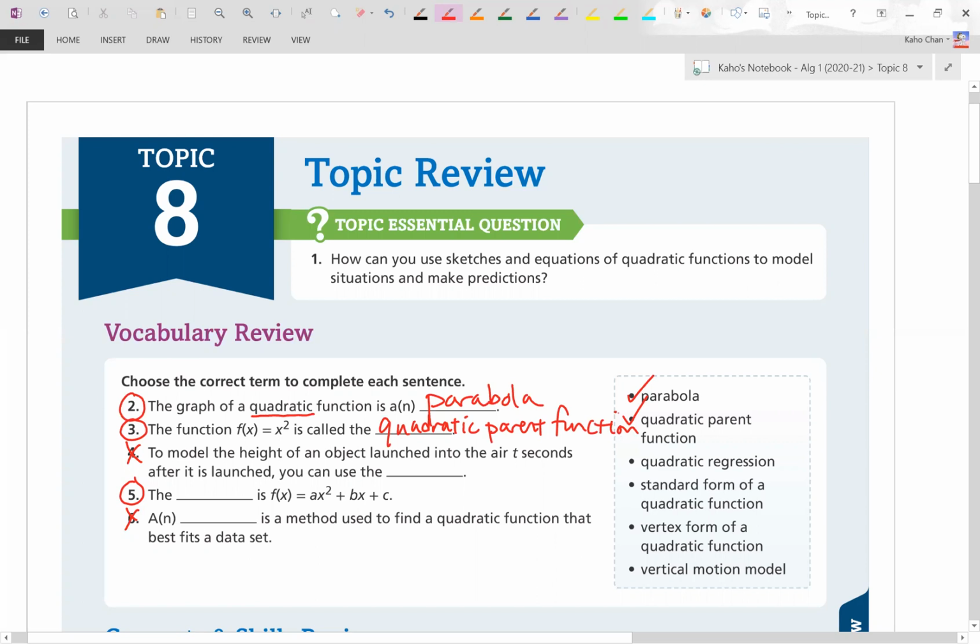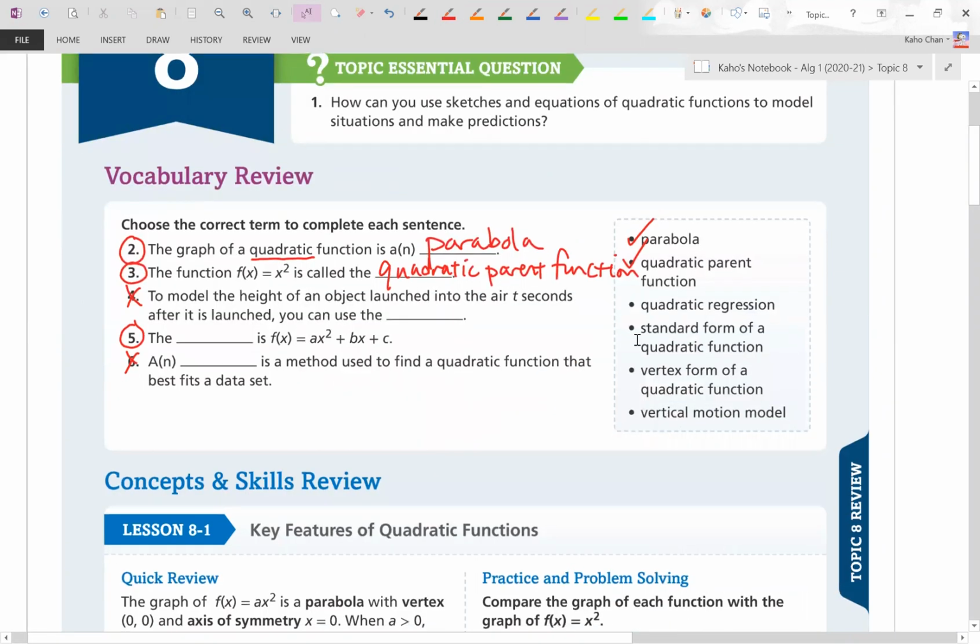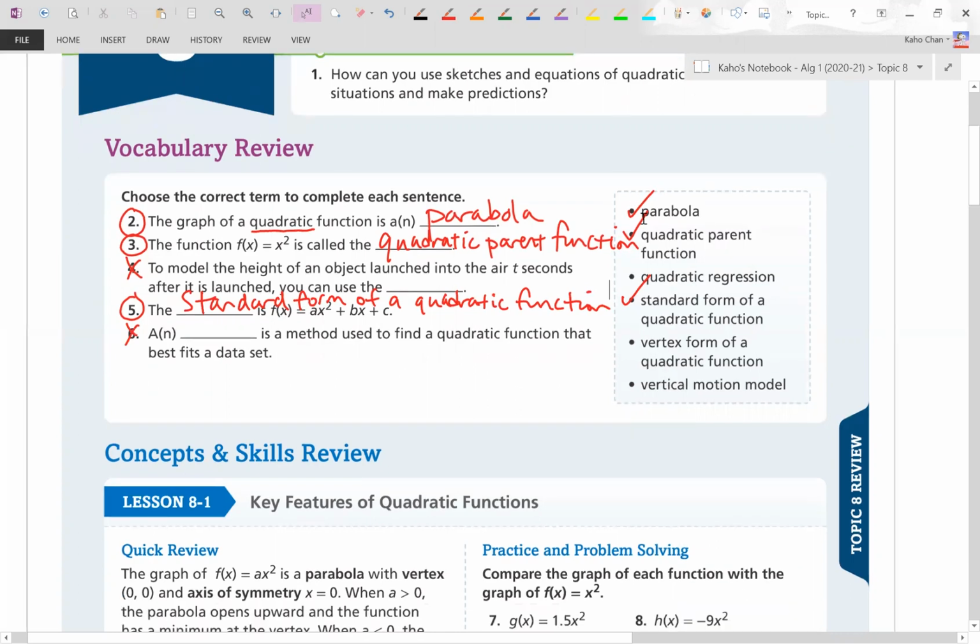Number 5, the blank is f of x equals ax squared plus bx plus c. This is the standard form of a quadratic function. All right, that takes care of the vocabulary.